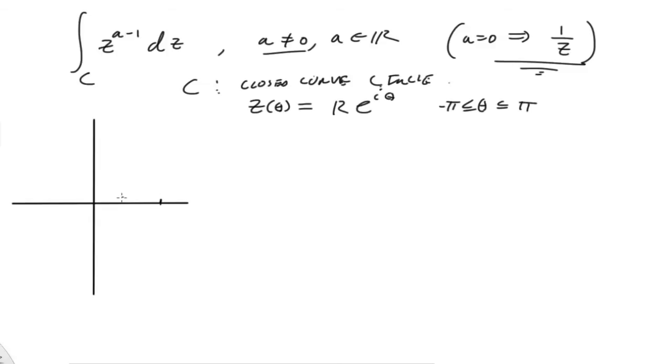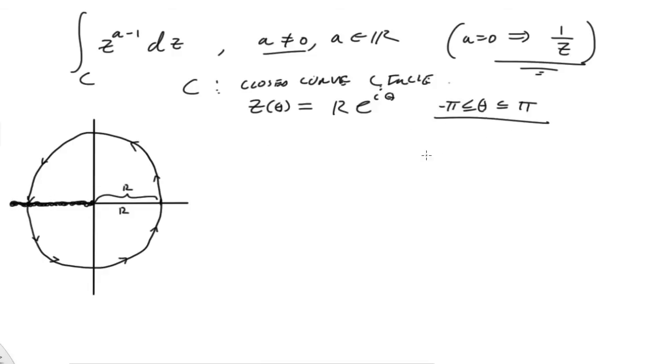We're r distance away, and we're going to start here, where theta is negative pi. We're going to go around like so, all the way over to there. And we're going to take as our branch the negative real axis. That's our branch.